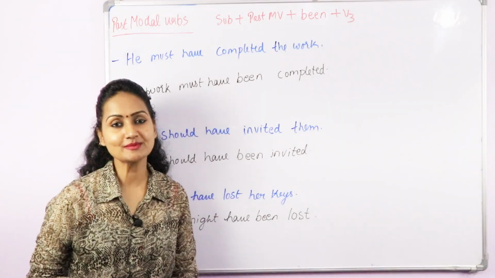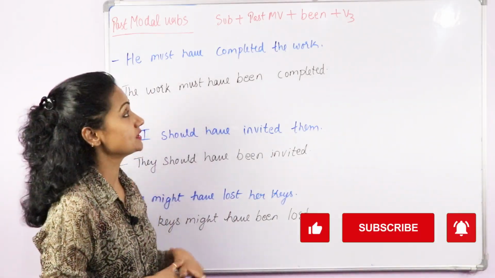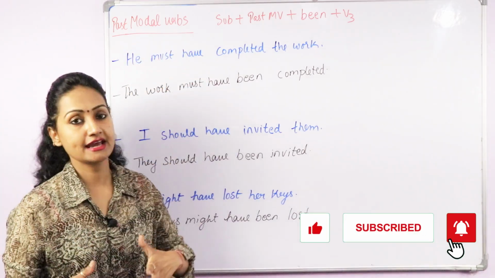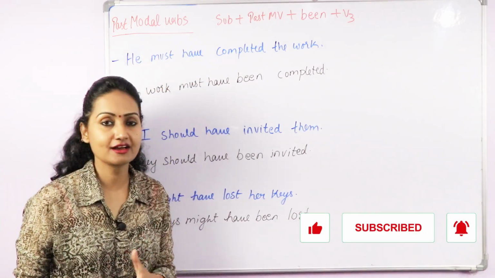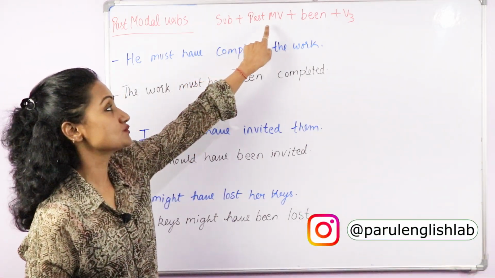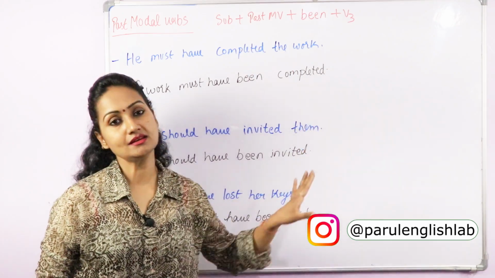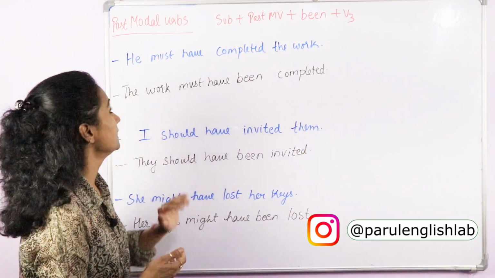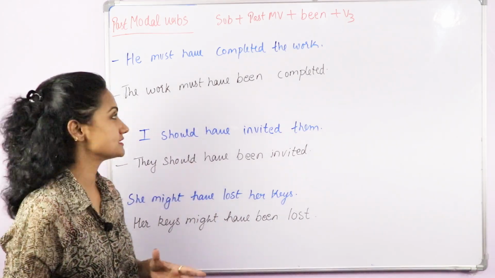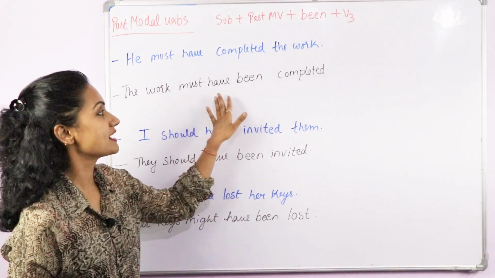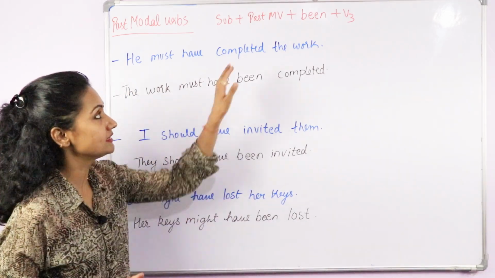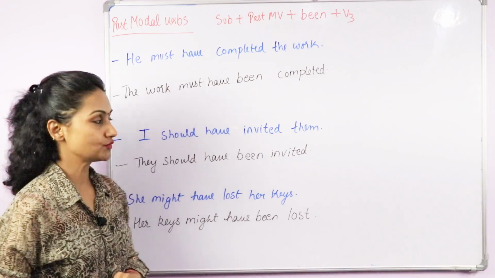Now let's see how to make passive sentences using past modal verbs. Past modal verbs are must have, could have, might have, may have. So the rule is subject plus past modal verb plus been plus third form of the verb. He must have completed the work. This is an active sentence. The work must have been completed. So the work, then must have been plus third form of the verb.